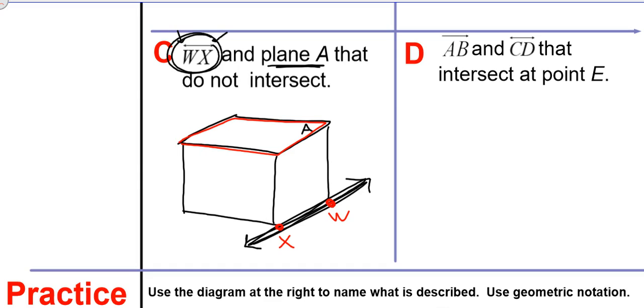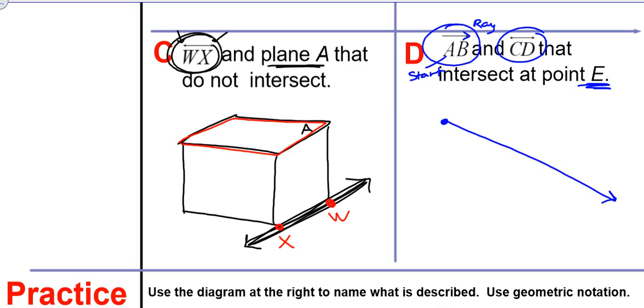Then the last one, we're going to draw this first one, AB. Notice that it only has an arrow on the right. That makes that a ray, along with a line, CD, and it will intersect at point A. So when we draw our ray, remember that it has to start at the A. So we're going to start it and then draw a line.